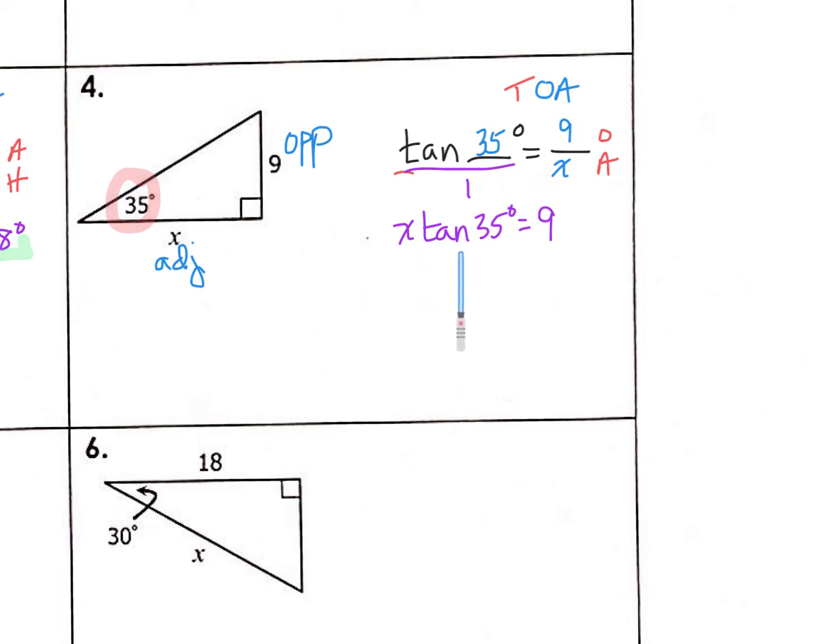So then you have to undo this in order to solve for x. Since x is being multiplied to the tangent of 35, the only way to undo that would be to divide both sides by the tangent of 35 degrees. What you do to one side, you must do to the other side.